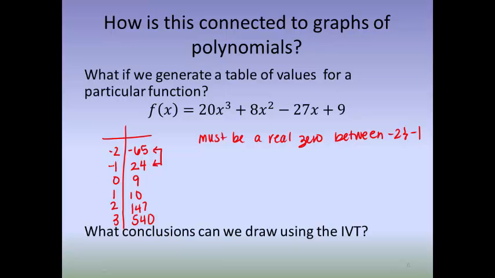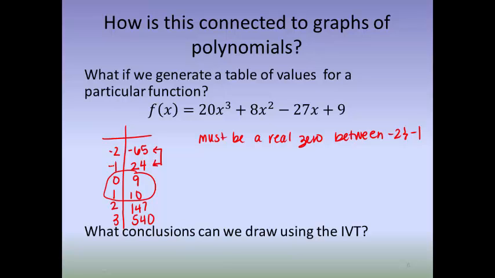Now, if I go back and look at my graph, I think something must be going on around 0 and -1, or 0 and +1. Something must be happening between 0 and 1 because it's either touching the axis or it's dipping down below.